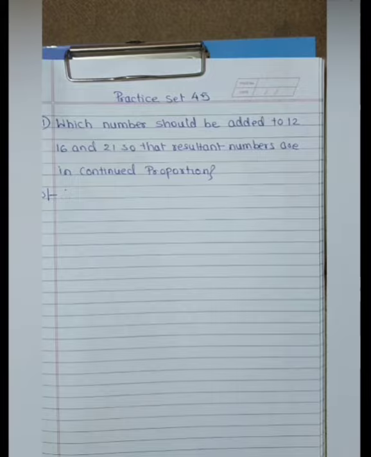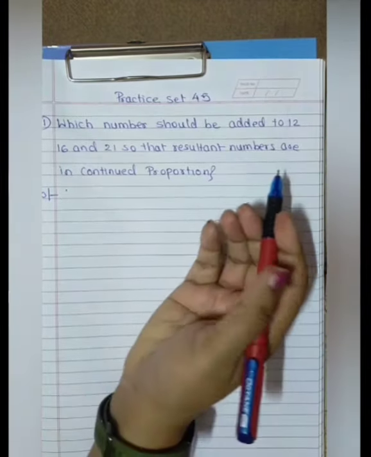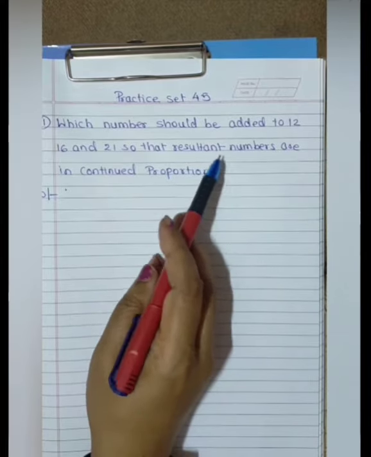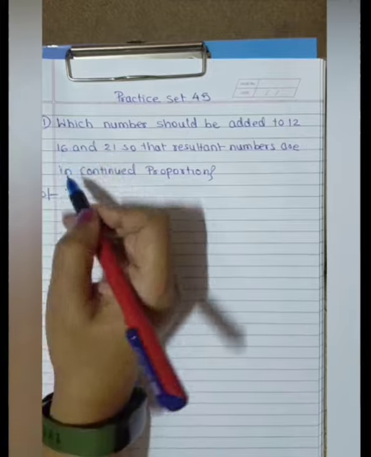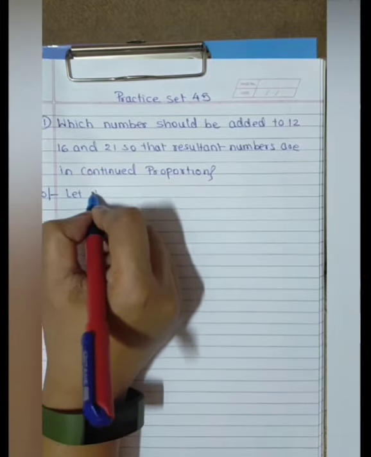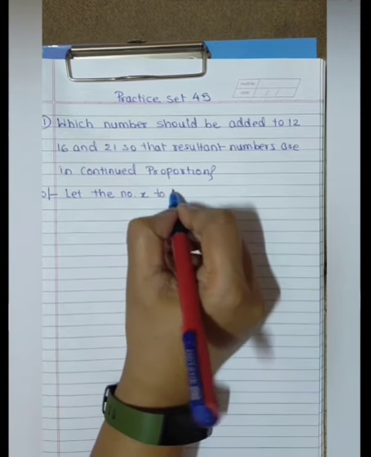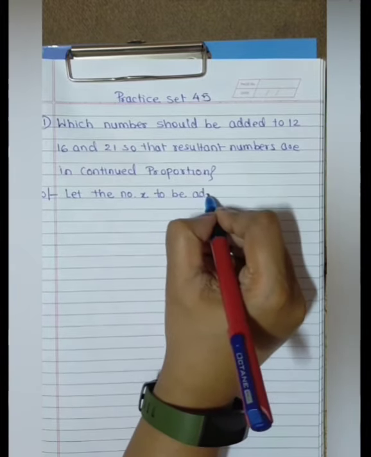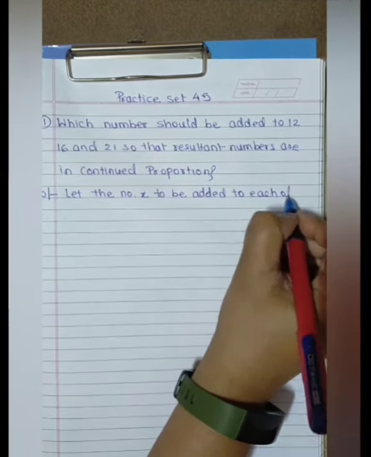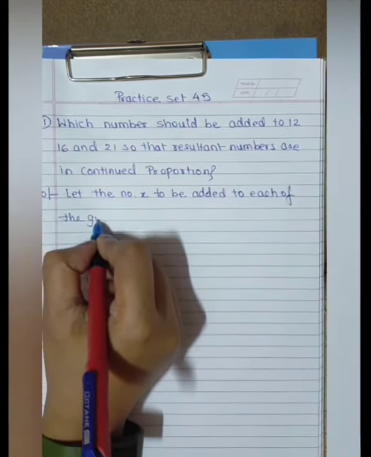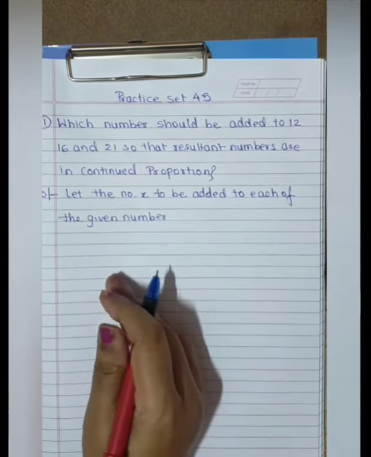This is question number 1 of practice set 4.5. We have to find the number so that the resultant numbers are in continuous proportion, for 12, 16 and 21. So let the number x be added to each of the given numbers.